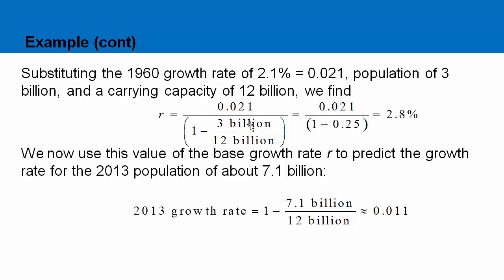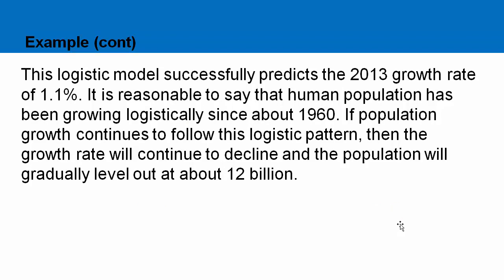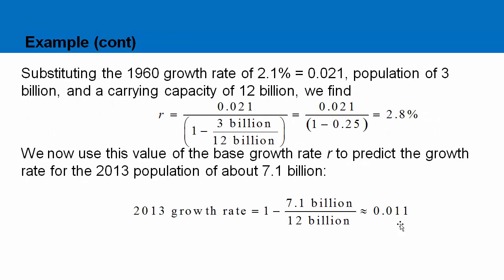We're basically just redoing this bottom piece, which becomes 0.011 or 1.1%. And this logistic model successfully predicts the 2013 growth rate of 1.1%, right? And that means that we tend to have a logistic growth rate.